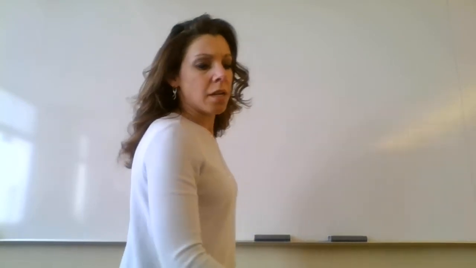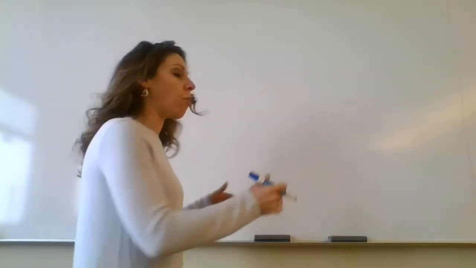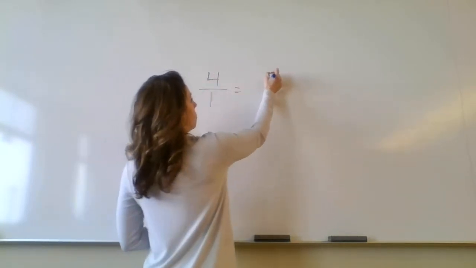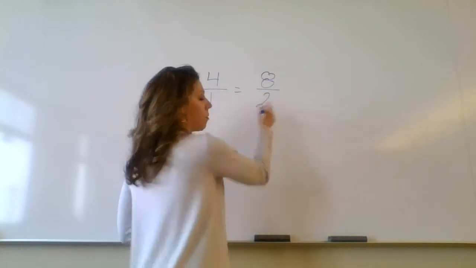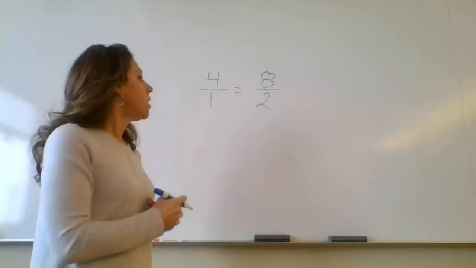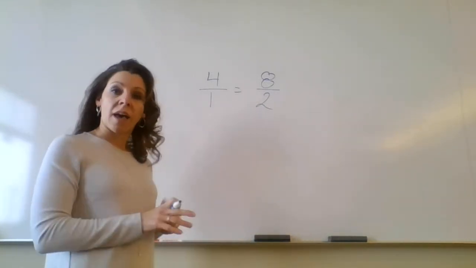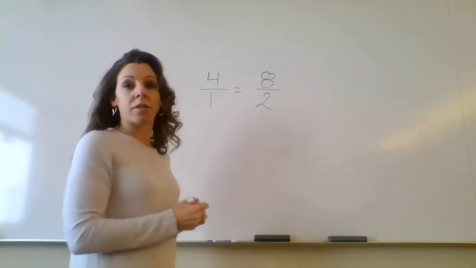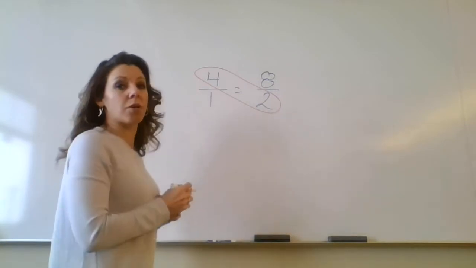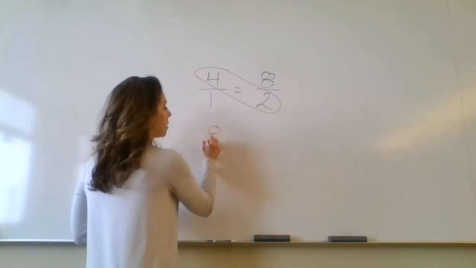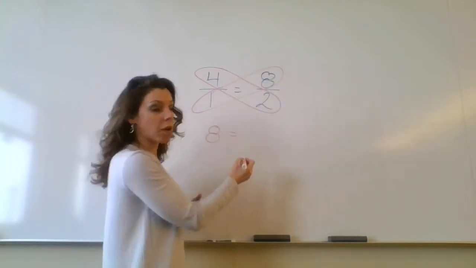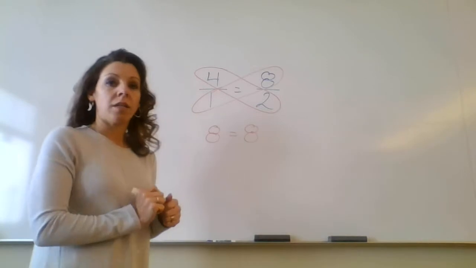Let's look at the ones that we looked at before. 4 miles to 1 hour was equal to 8 miles in 2 hours. So we can continue to use the same example to look at another relationship, and that's that cross multiplying is going to be equal. If I multiply diagonally, 4 times 2 is 8. I can do that in this direction as well and see that 8 times 1 is also 8.